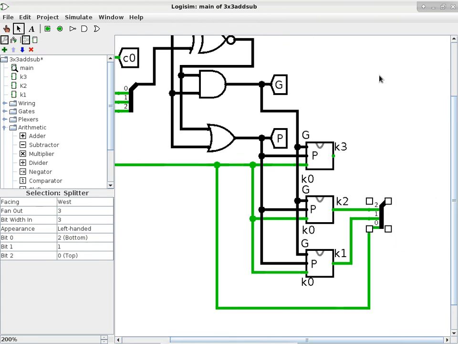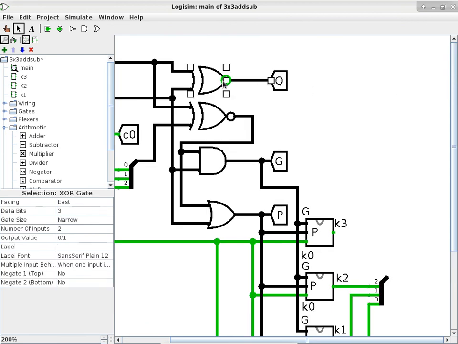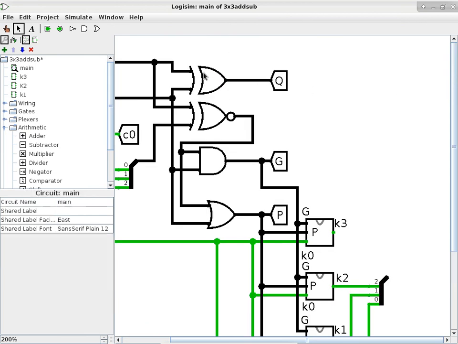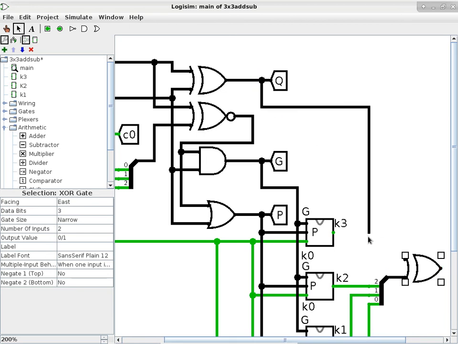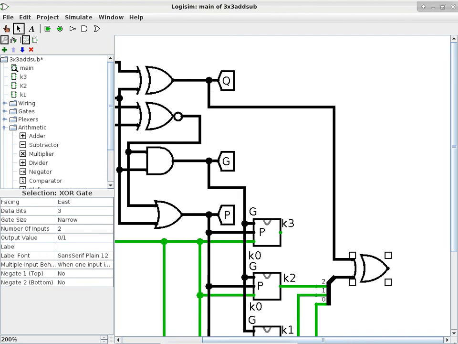All right, so now we just have one more thing to do. We have to use an exclusive OR to exclusive OR the carry with the Q. So we just need to go to this one here, because we got one already. We just duplicate this and wire it up, and then specify 2 output pins, and we are done.